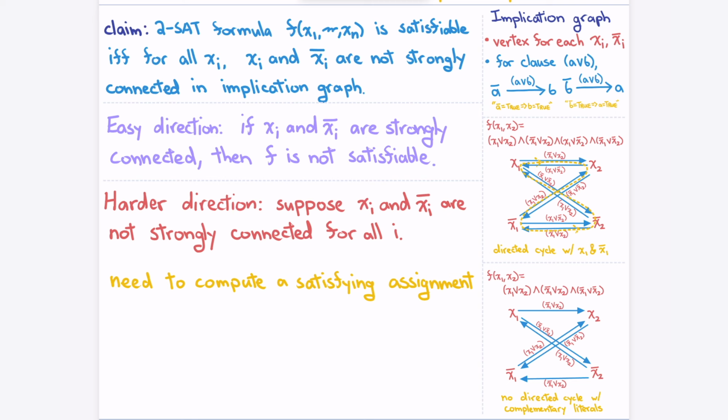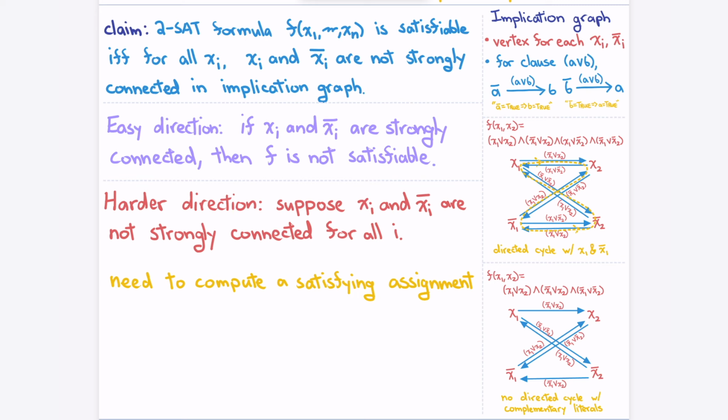Absolutely. If for any i, xi and xi bar are in directed cycles, that means they lie in the same strongly connected component. If you find a strongly connected component where that is not the case, the literals within that component can be your true assignments, and then everything else is free.